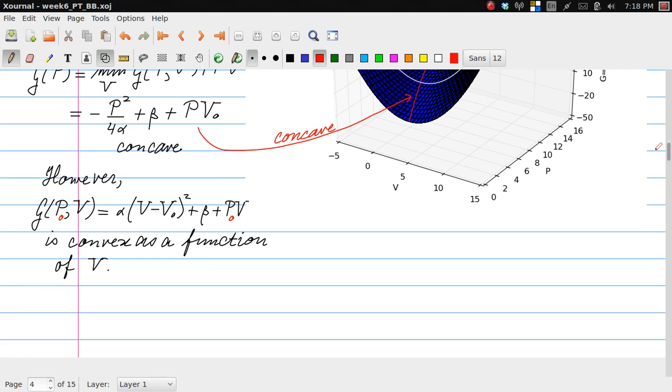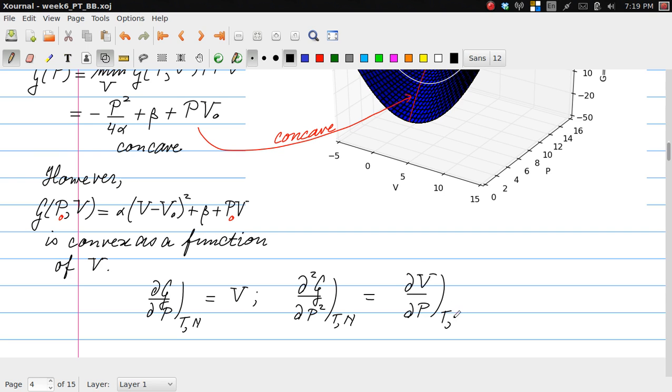Finally, it is interesting to look at the meaning of the fact that G is a concave function as a function of P. We know that dG/dP at constant T and N is V. And therefore, if we look at d squared G/dP squared at constant T and N, that is equal to dV/dP at constant T and N, and because G is concave, that should be smaller than 0.